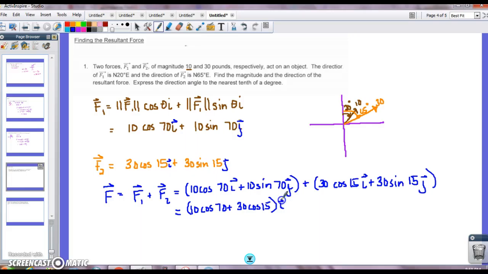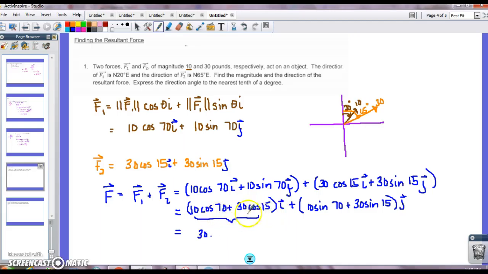I know I didn't show the step, I'm just combining my like terms, but I can't just add them because they're different. So all I did was factor i out of my two terms with i in it, and add those together, and then factor j out of my two terms with j in it and add those together. So then I have 10 sine of 70 plus 30 sine of 15 j.